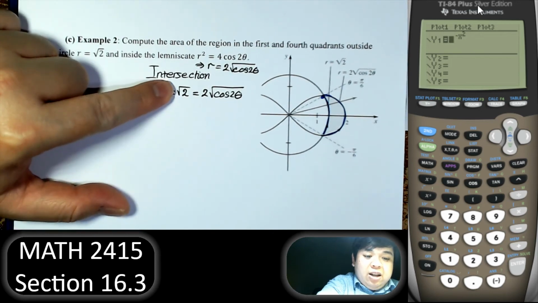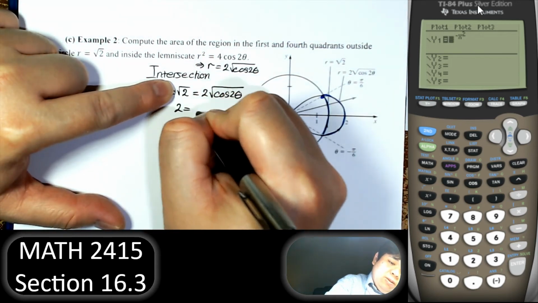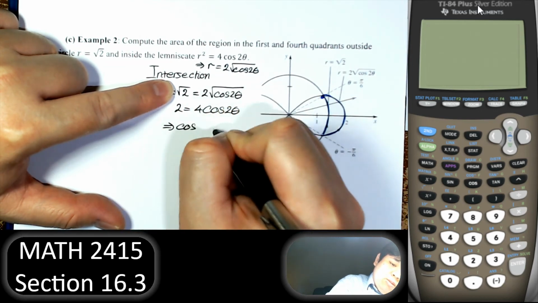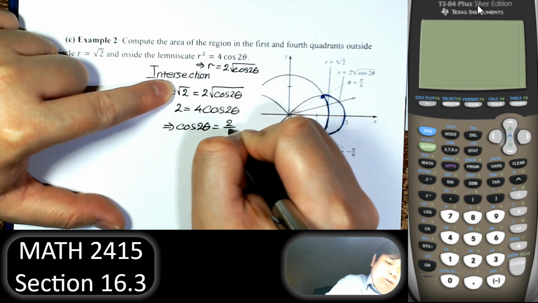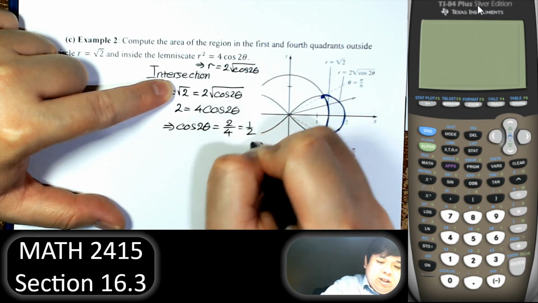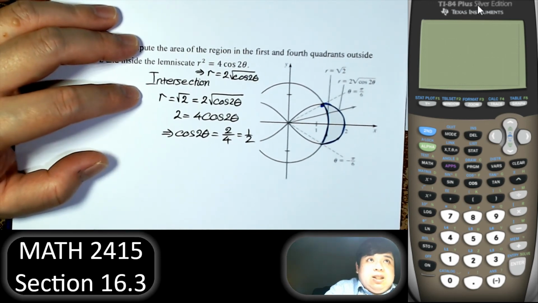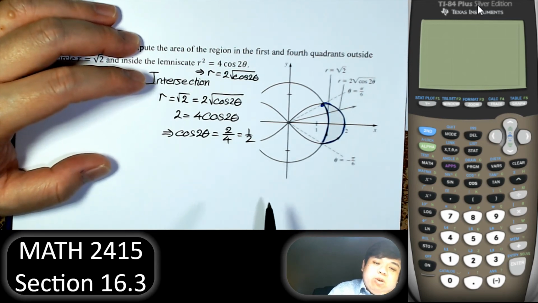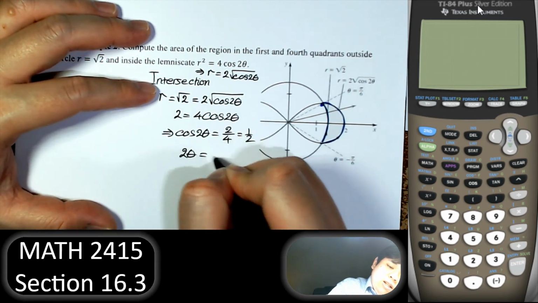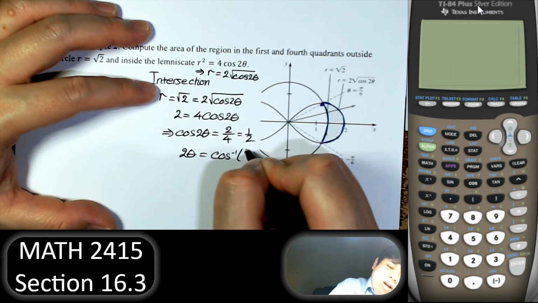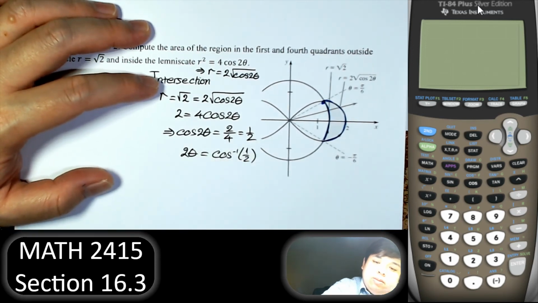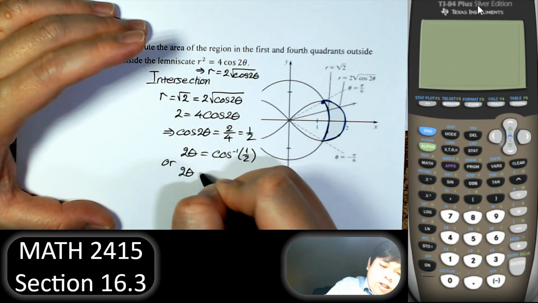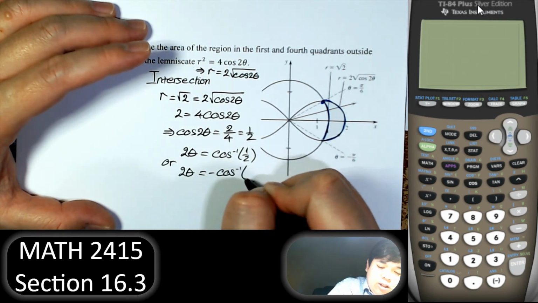It's kind of difficult to solve like this, so let's square both sides. So cosine of 2 theta equals 2 over 4 or 1/2. And we did mention this, which is 1/2. So we can solve for theta easily. So 2 theta is cosine inverse of 1/2, or 2 theta equals negative cosine inverse of 1/2.